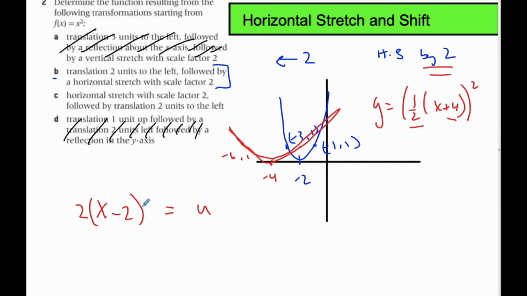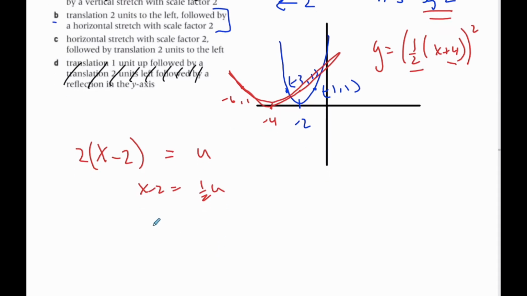So if I rearrange this and solve for x, I can then say x minus 2 is equal to 1/2 u. And then I can say x is equal to 1/2 u plus 2. And plugging it in, here's y equals x squared, this is my x, I plug it into here. And so it's 1/2 u, which is actually an x value, plus 2 squared.